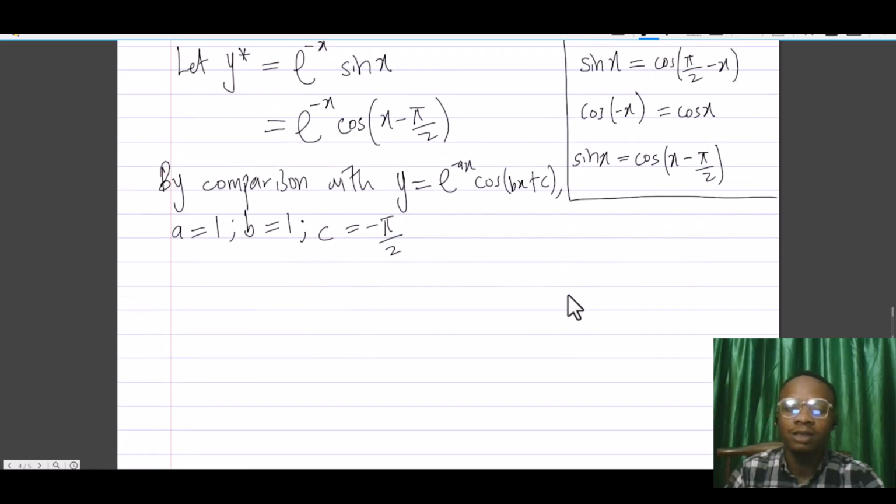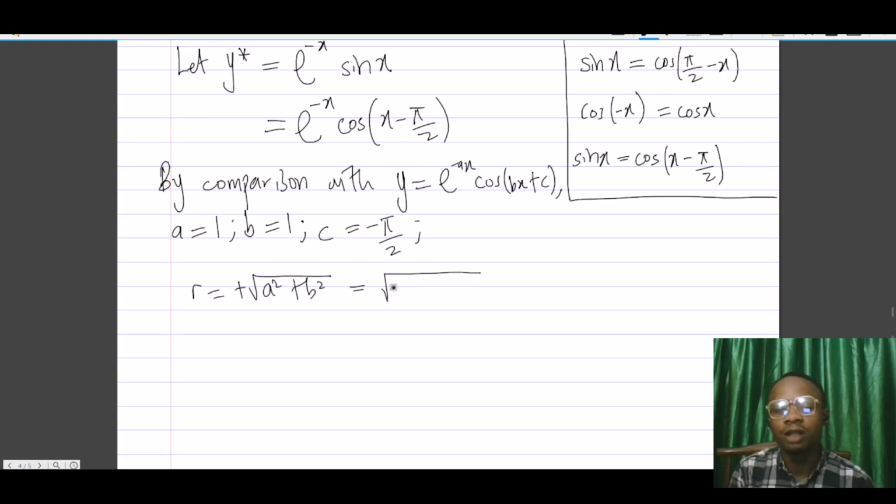I've been told that r equals the positive root of a squared plus b squared. So this will be equal to the root of our a, which is 1 squared, plus our b, which is also 1 squared. And that will be the root of 2. So we'll leave it at that.